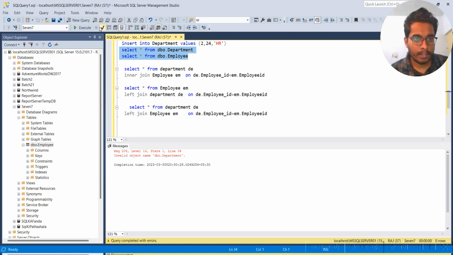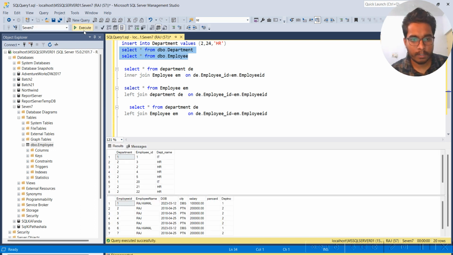These are two tables, department and employee, and you can clearly see in the department table employee_id is there, and in the employee table employee id is there. So this is the relationship between these two tables, and the question was what will be the number of rows.